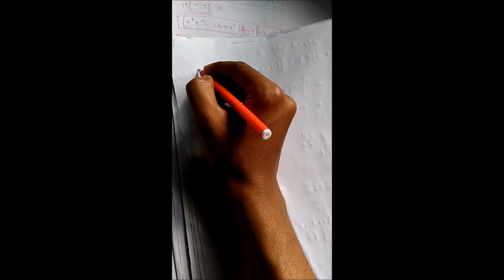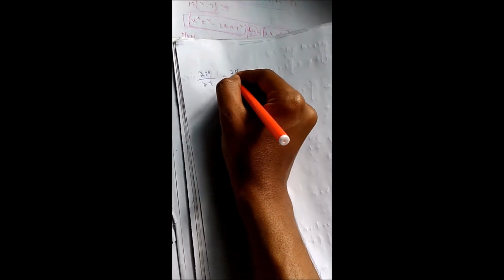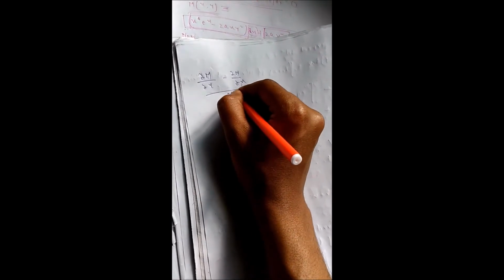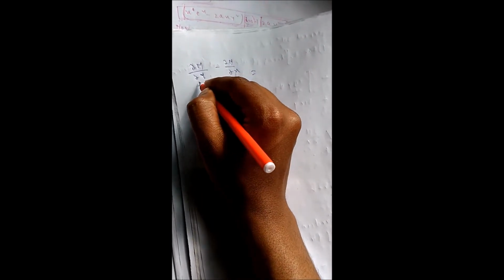Now (del M by del y minus del N by del x) by N is equal to (2xy minus of minus 2xy) by minus x square y, which is equal to 4xy by minus x square y, which is equal to minus 4 by x, which is equal to f(x). It is a function of x.